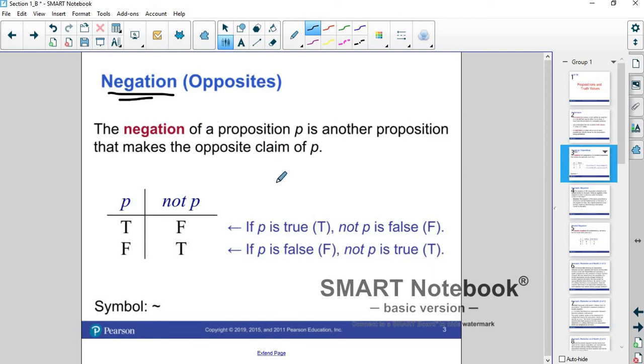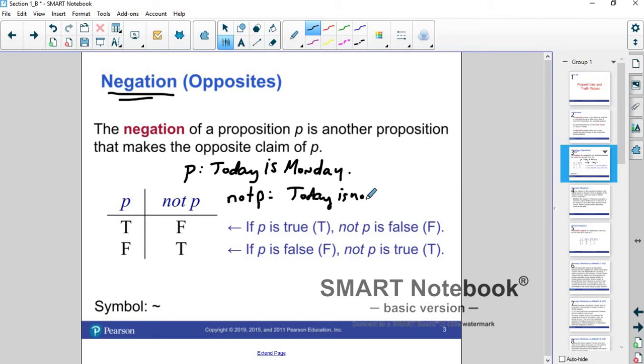So negation of a proposition is a second proposition that makes the opposite claim. So if P, for example, is today is Monday, then what would the proposition negated be? What is the not P? Not P then says what? Today is not Monday.